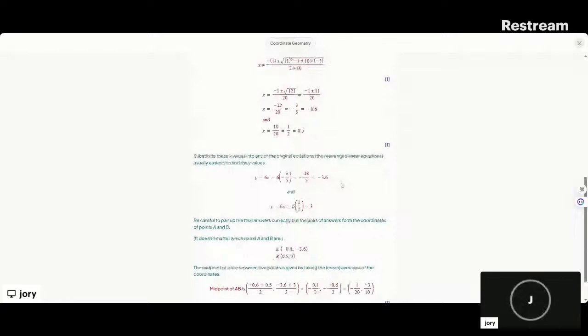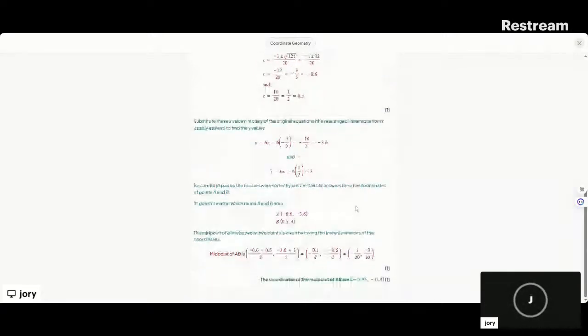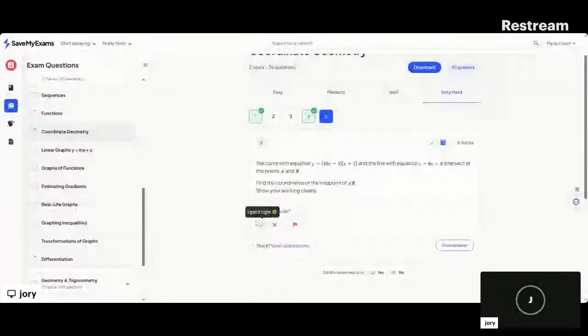Why is it 3? Oh, yeah, it is. Never mind. Okay. And then do that again to the B. 0.5 and 3. Yay! We did it. Oh, well, I didn't.